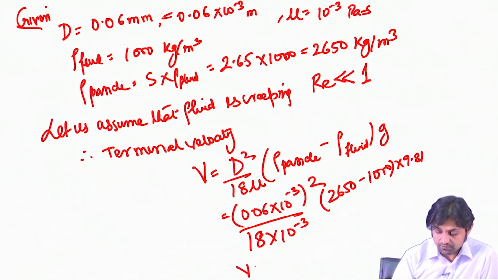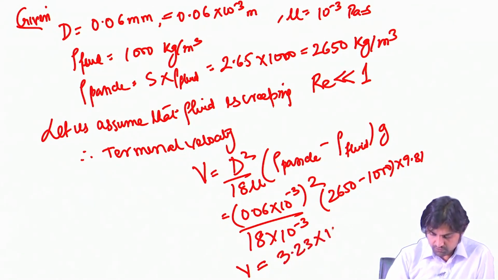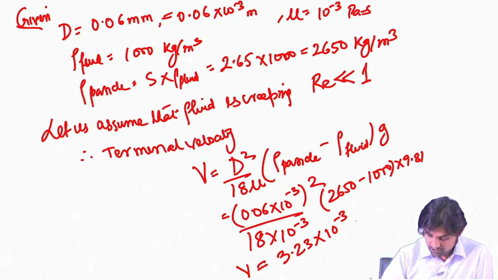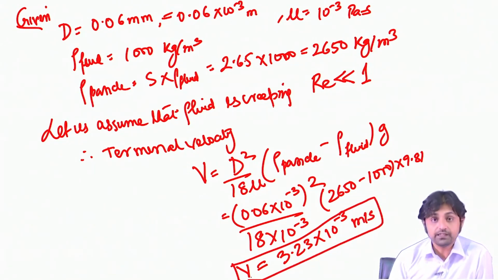This gives V is equal to 3.23 into 10 to the power minus 3 meters per second.